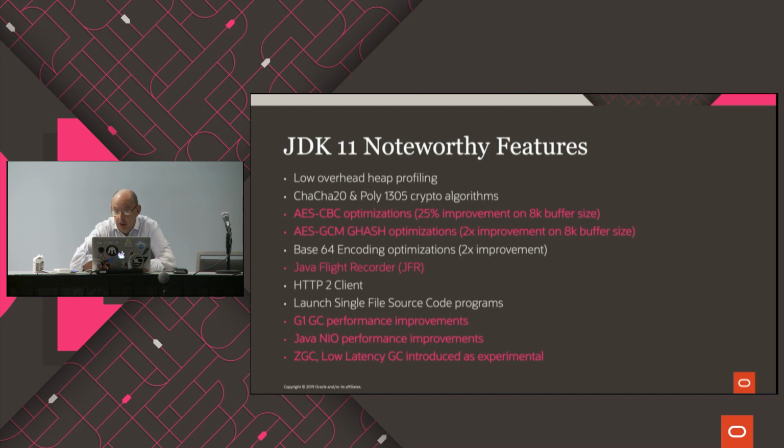We know that at large scale, with near real-time analytics, machine learning and response time requirements, people are going to want to have a lot of data and process all of it in memory, because anything else is going to be too slow. And then delivering that at extremely low latency. So for the first time, we are breaking the trend where as you increase the heap size, the pause time goes up.